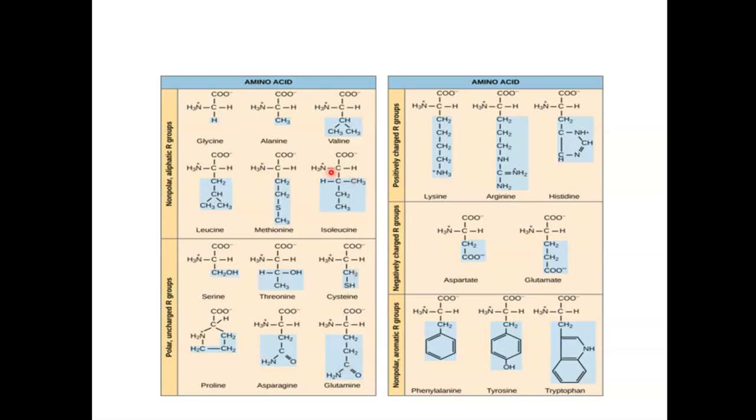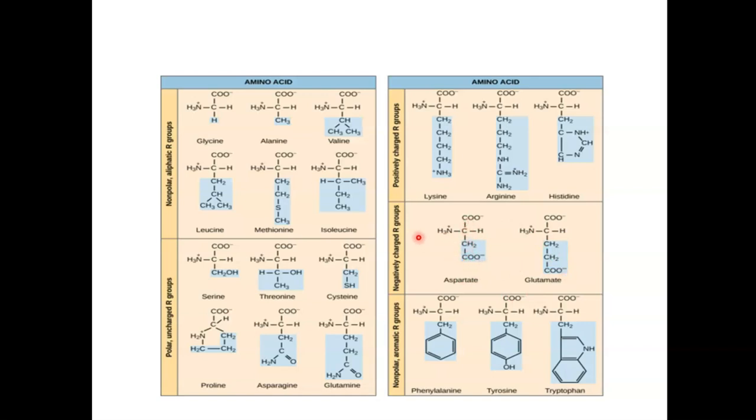That's our first classification. Second classification, monoamino dicarboxylic acids, aspartic acid and glutamic acid, aspartate and glutamate. These are known as acidic amino acids.